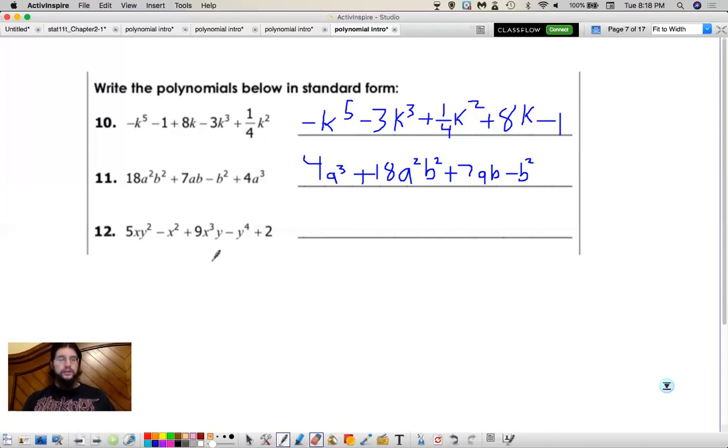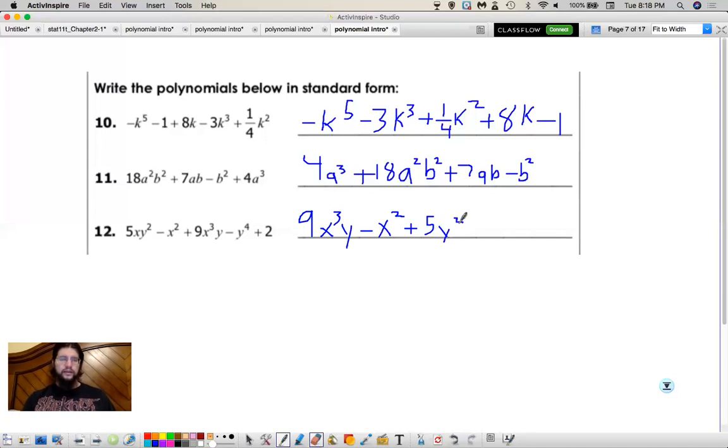Over here, I'm going to go with x's because I like x's better. We're going to call x our variable. y is just a constant. So let's see, I have x squared, x cubed. So let's go with x cubed first. I have 9x cubed y minus x squared plus 5xy squared.